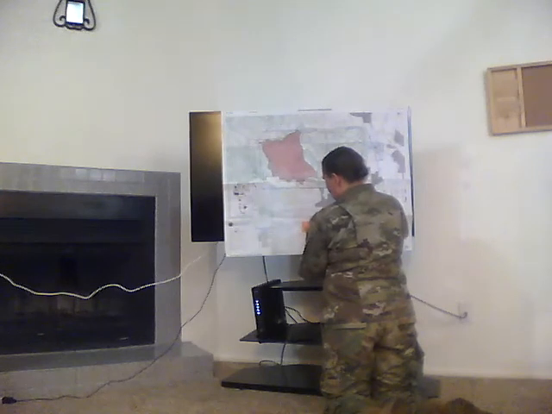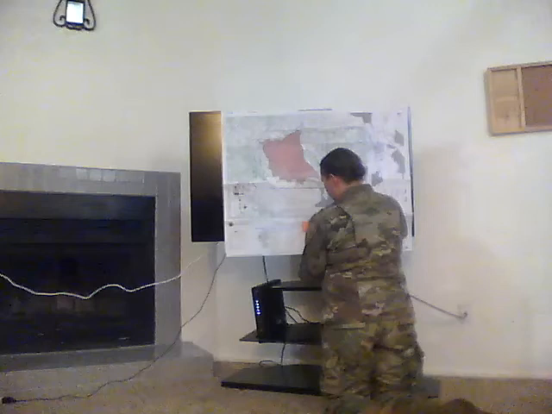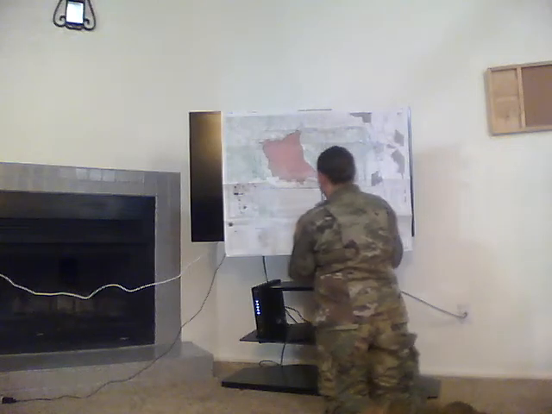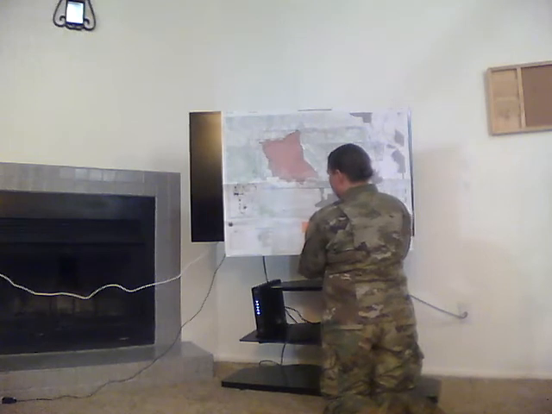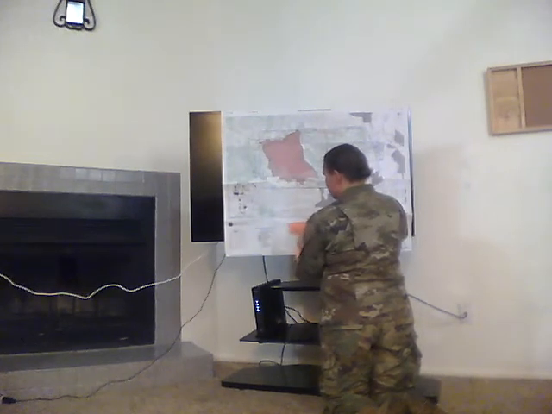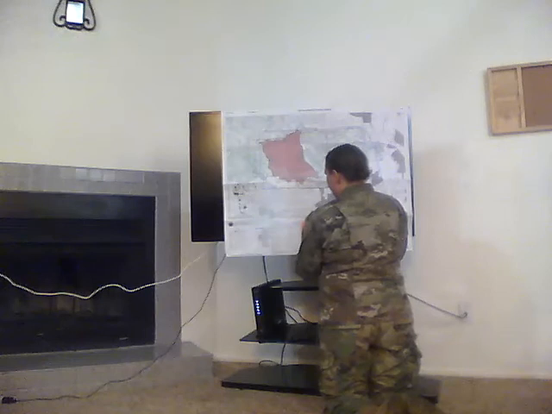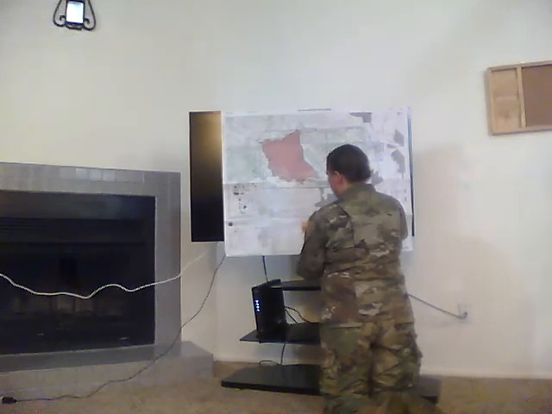And down here is our ending point. So you're going to go back over to the extension scale, and you're going to round to the next kilometer over here.